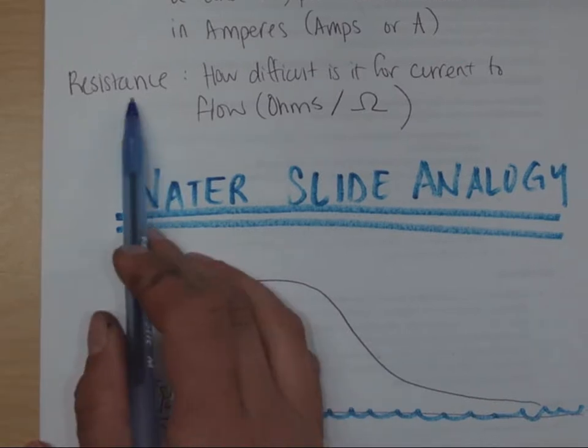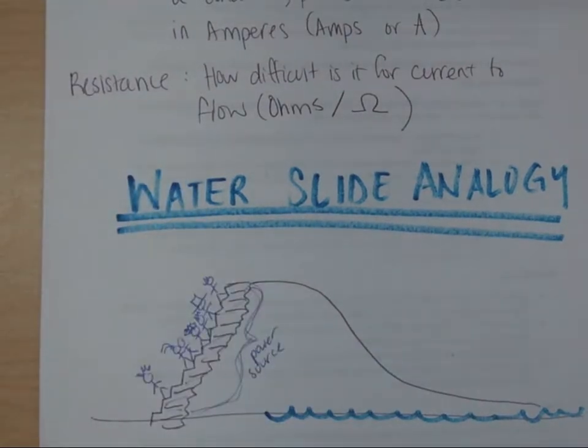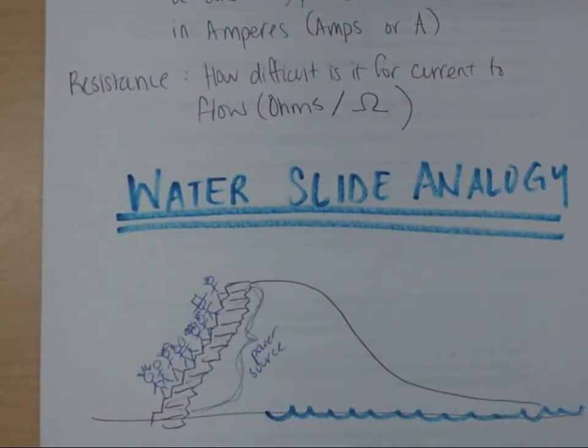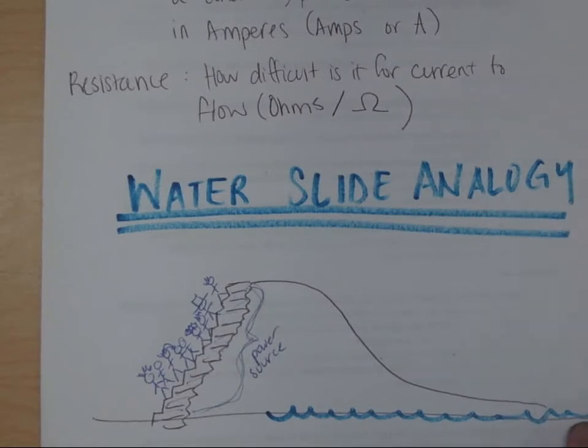But the resistance is definitely also based on the type of the slide. So you might have different resistors that have higher resistance or lower resistance. And that's what we are going to be looking at in this unit. So I can actually provide a bunch of examples.